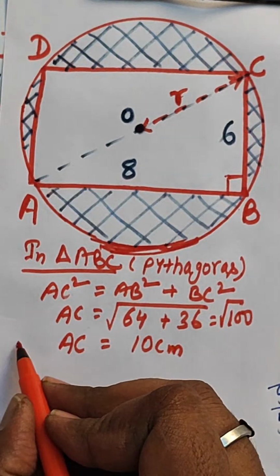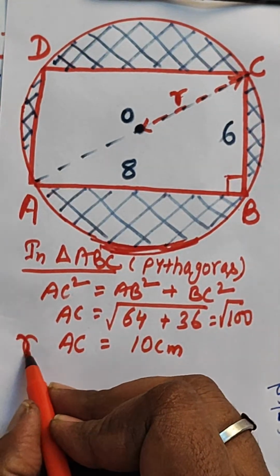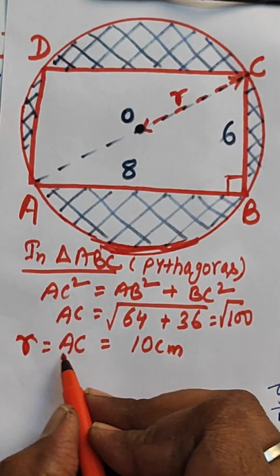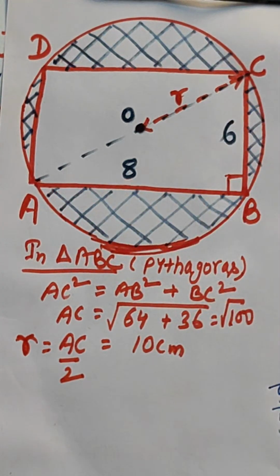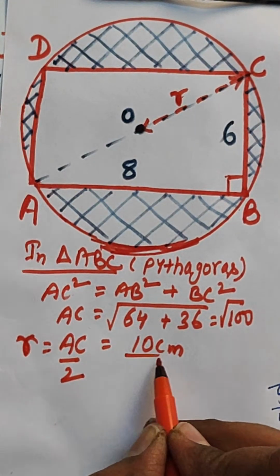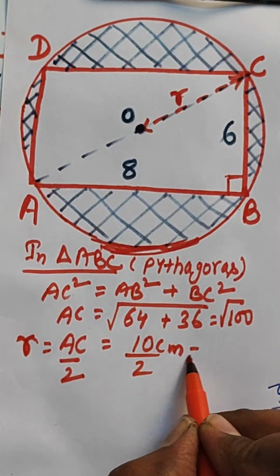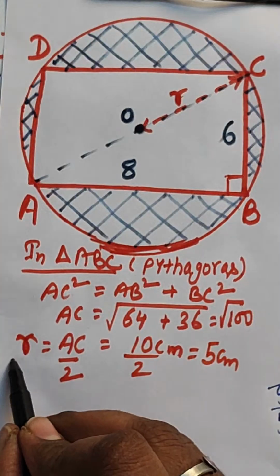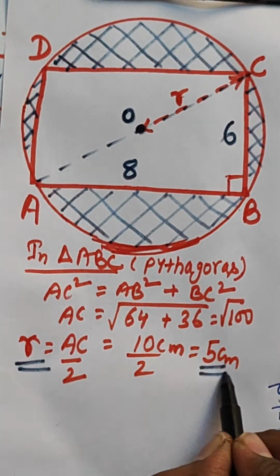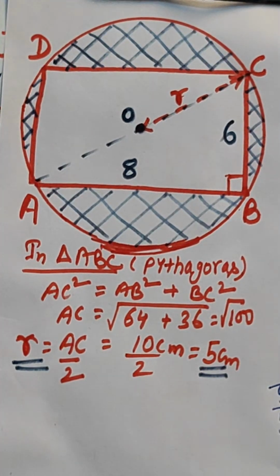So the radius R will be AC by 2, because the diagonals of a rectangle bisect each other, right? So AC by 2 will be 10 by 2, which comes as 5 centimeter. So the radius is calculated as 5 centimeter, my dear friends.